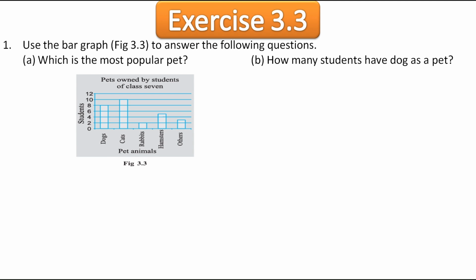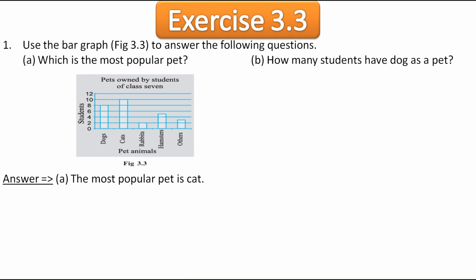So which is the most popular pet? The pet whose bar is highest, that is cat. That means 10 students own the pet cat, which is very popular. So the answer for the first question is: the most popular pet is cat.